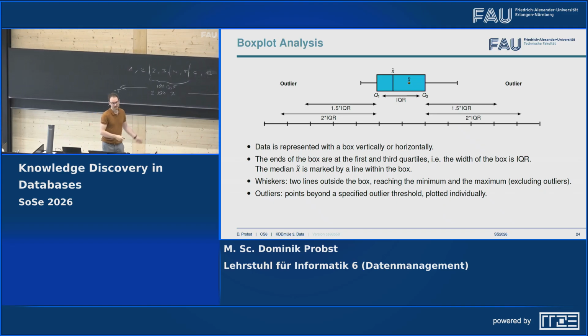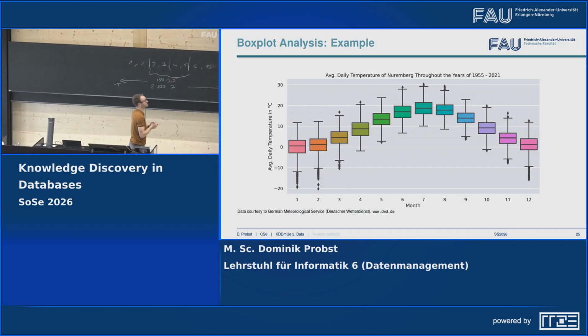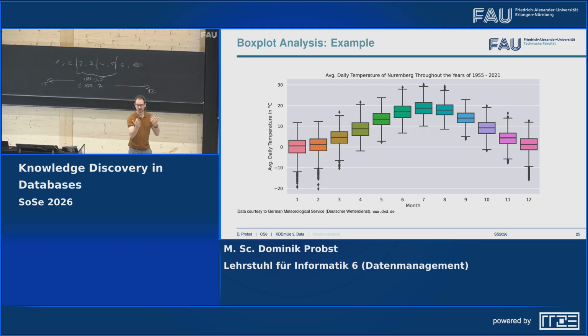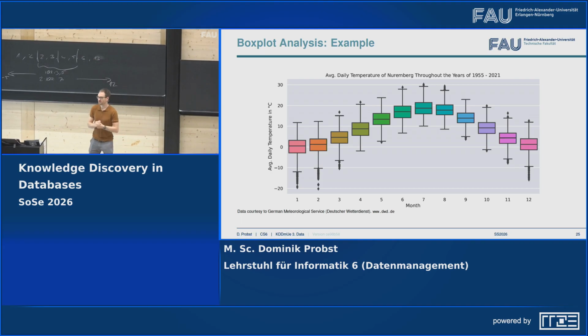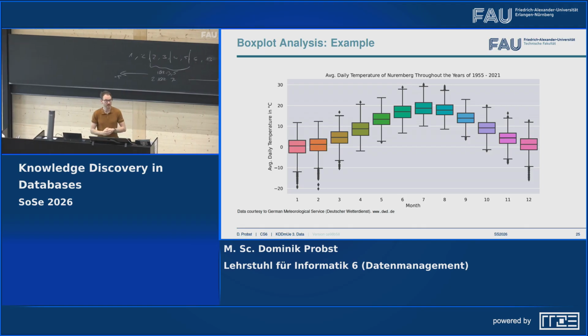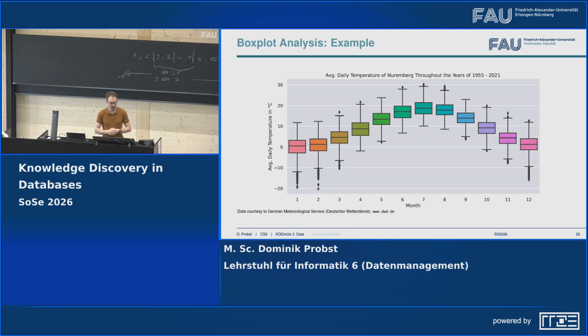Okay? These box plots are often used to display a lot of different compositions of data against each other. So we can, for example, use that to display the average daily temperature per month. In this case, we are talking about the average temperature in Nuremberg for a certain range of years.